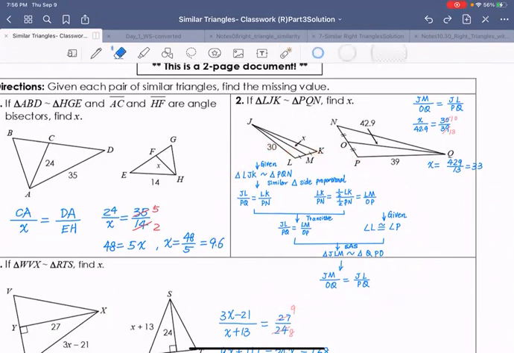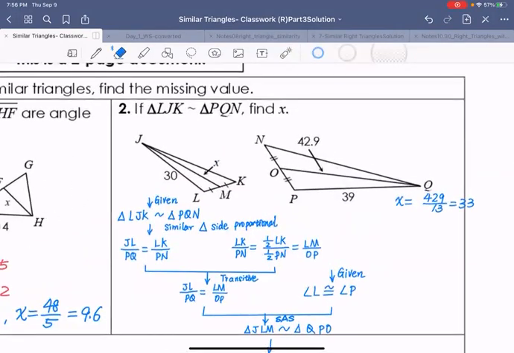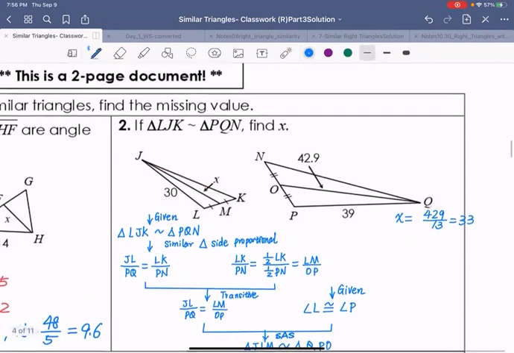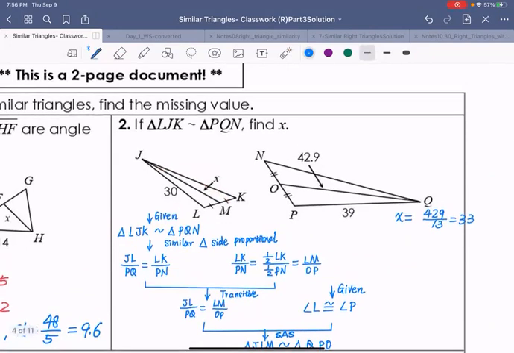Now, Harry, can you finish writing the equation? Who over who? JM over OQ equals JL over PQ. Let's go ahead and plug in the numbers, please.